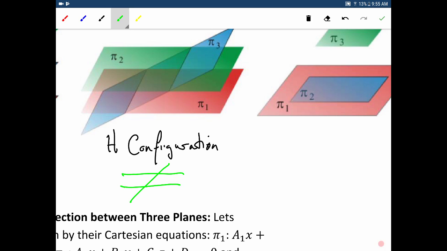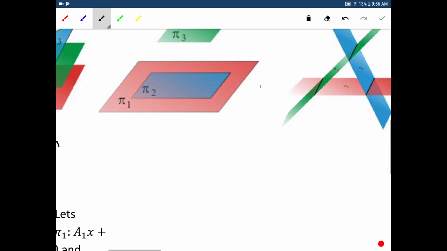There are 2 points of intersection, but it's not all 3 crossing. You've got 2 planes crossing and 2 planes crossing, but never all 3 crossing at the same point. So there is no solution for that one as well.